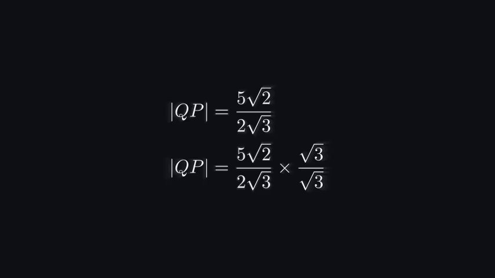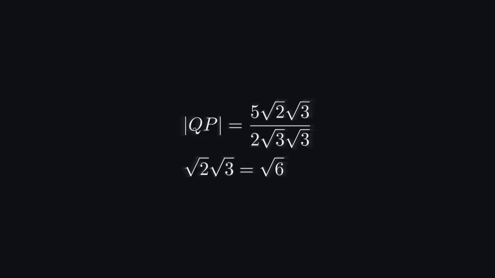Length of QP equals 5 root 2 root 3 over 2 root 3 root 3. Root 2 times root 3 equals root 6. Root 3 times root 3 equals 3.